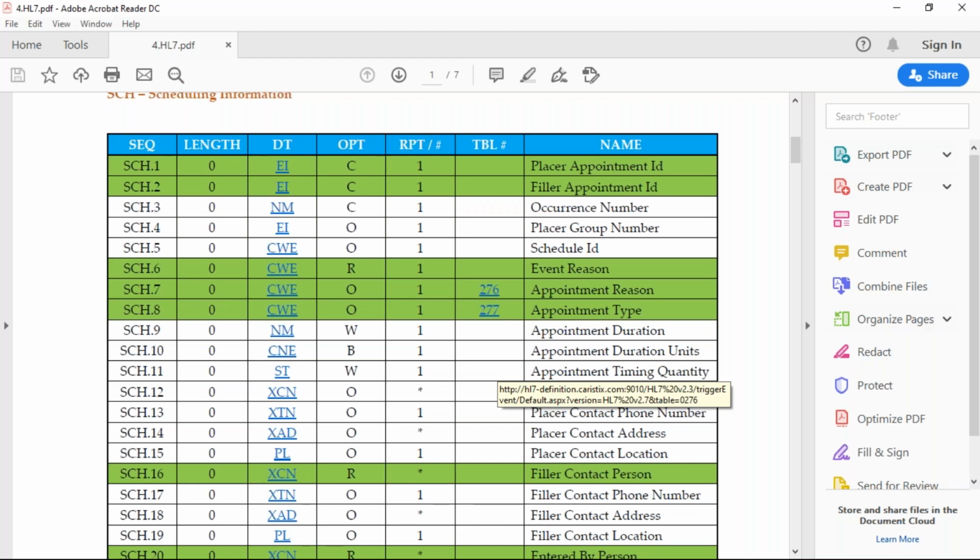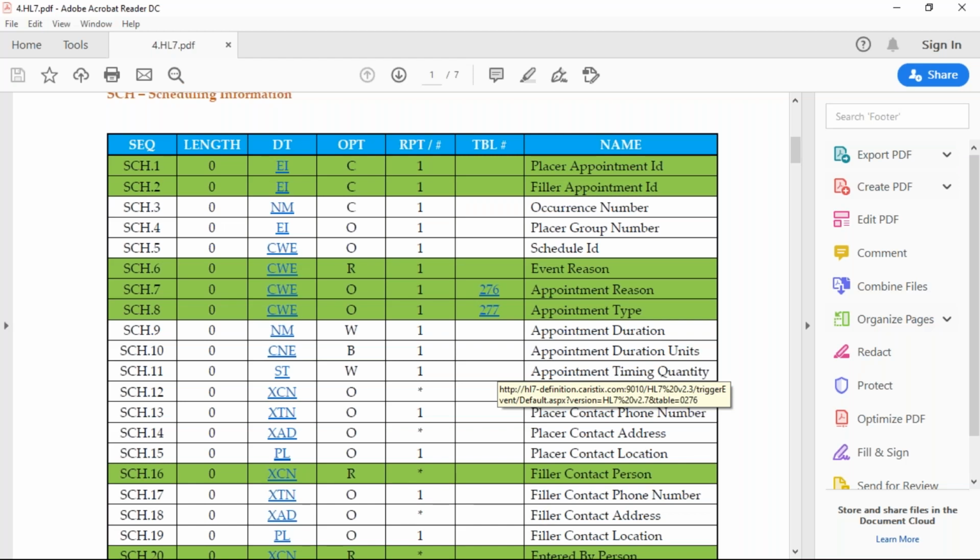Now, in our segment, we are seeing that we have two different IDs: placer appointment ID and filler appointment ID. In a practical scenario, at times any one of these fields would be used to send the unique appointment ID. There will be two types of IDs generated by the system in most cases.